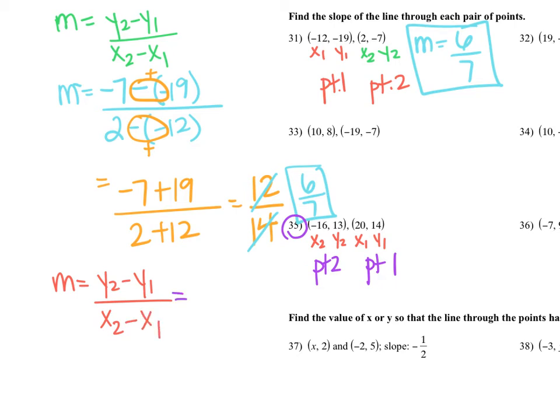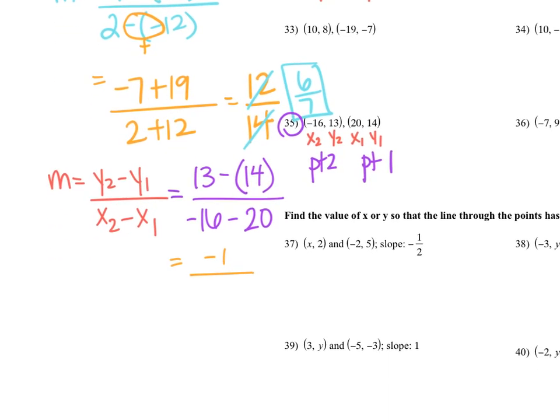So y2 was 13 minus my y1, which is 14, over x2, which is -16, minus my x1, which is 20. Okay, so 13 minus 14 is -1, and -16 minus 20 is actually -36.